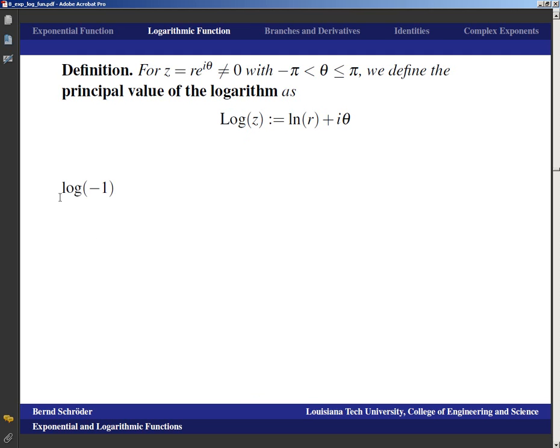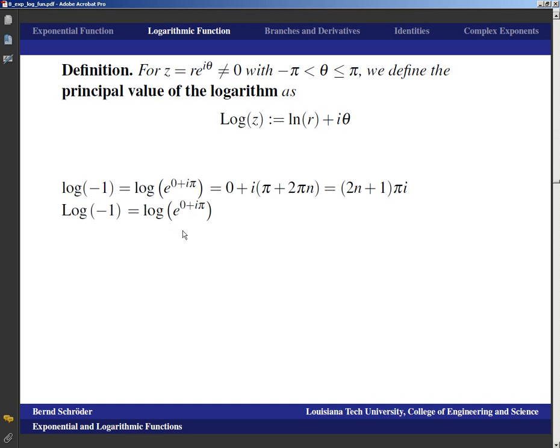The logarithm, the multiple valued logarithm of -1, well, that's the logarithm of e to the 0 plus i pi, and that will be 0 plus i pi plus 2 pi n. So that's (2n plus 1) pi i. But the principal value of the logarithm is the Log of e to the 0 plus i pi, and that should be a capital Log here.